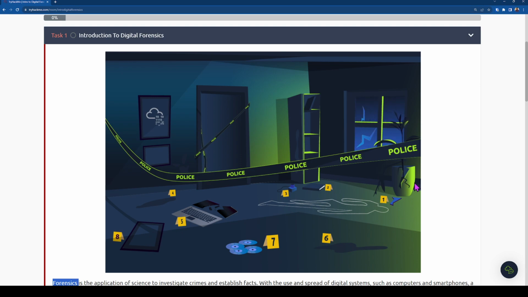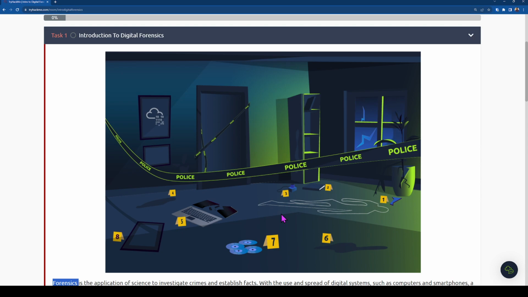We've got a broken vase with a plant in it. We've got some liquid, CDs, a broken MacBook, a picture, and it's covered up with our police tape. So we know that a crime happened here. We just don't know what the crime was. Given that we have some indications, we might have an idea.